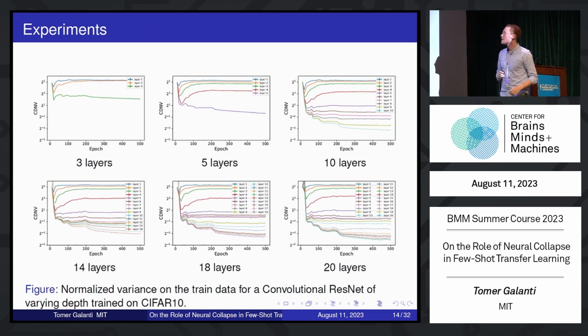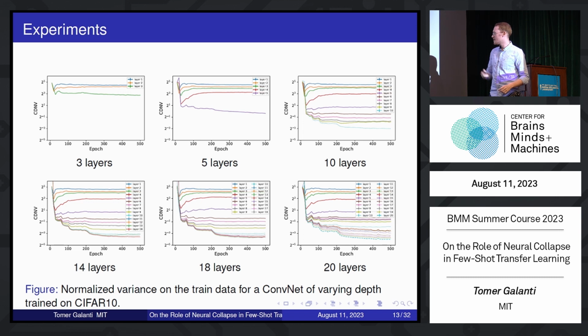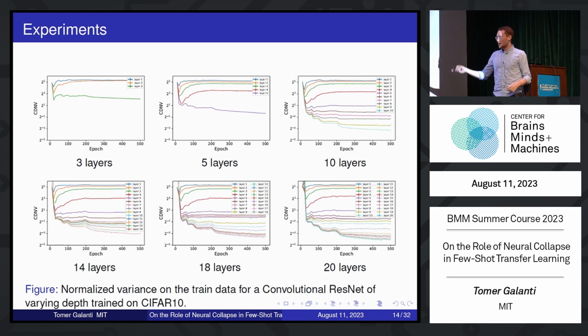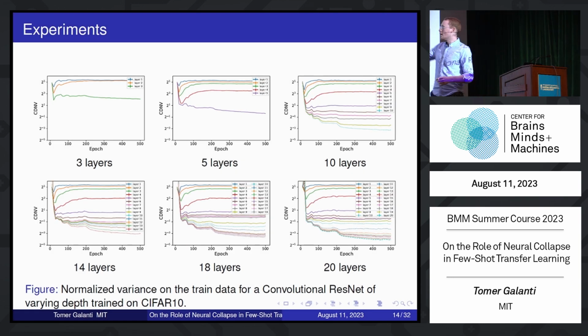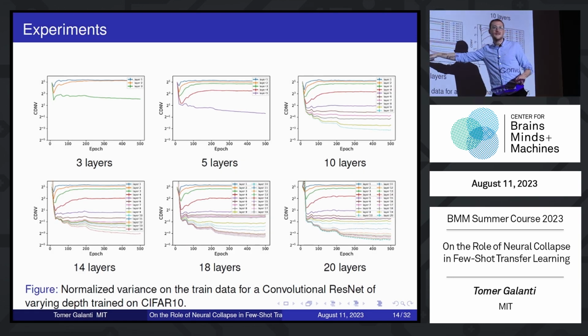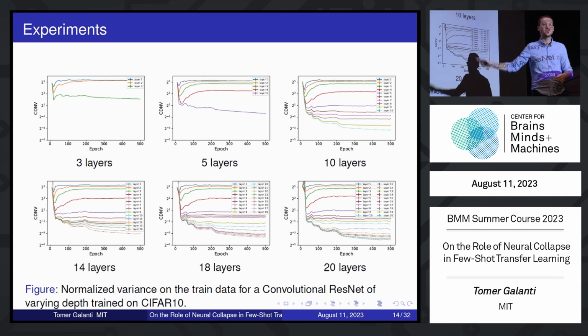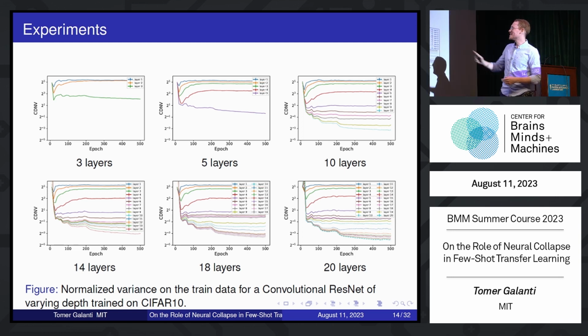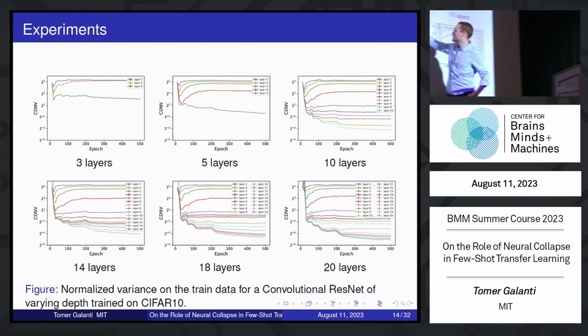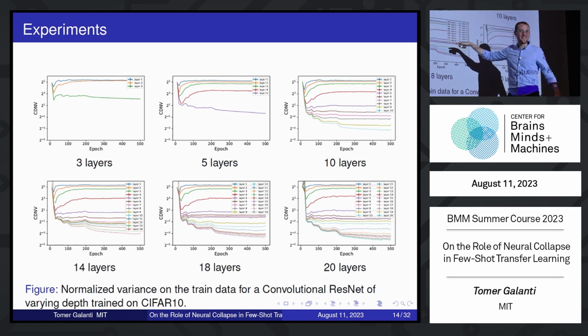Okay. So this is for convnets and this is for convresnets. So just for sanity check, y-axis is the quantity and x-axis is the training epoch. So how much did we train? So basically, each one of these lines is a different layer, okay?